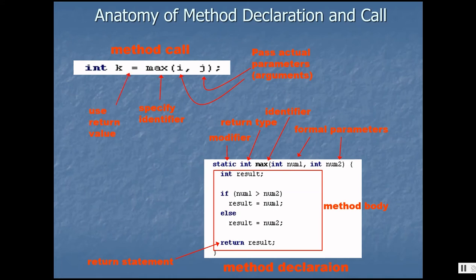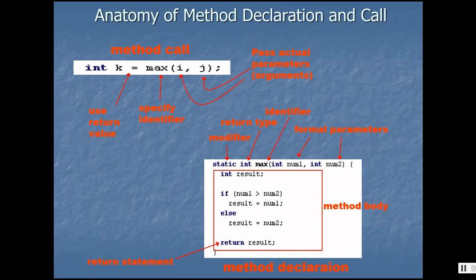And then if this particular method returns a value, and in this case it does, this whole invocation winds up being an expression, and we can use that expression. And in this case, what are we doing? We're assigning that expression into a variable called k.